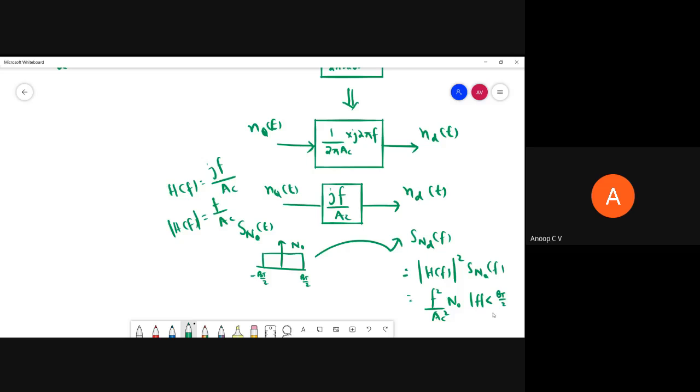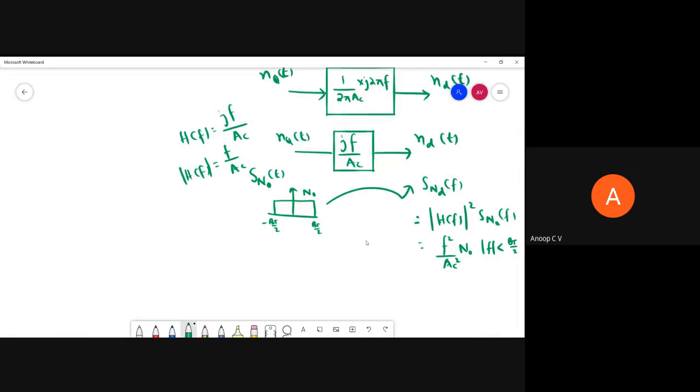So we can write it here: SND of f is equal to f square by ac square times N naught, for minus Bt by 2 less than or equal to f less than or equal to plus Bt by 2.